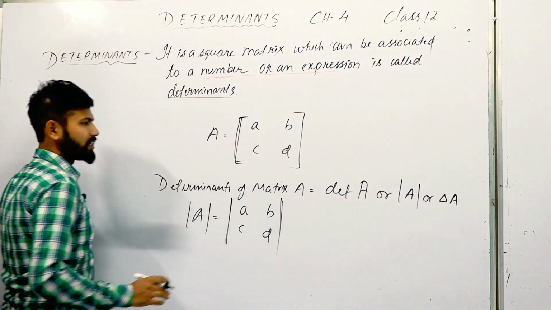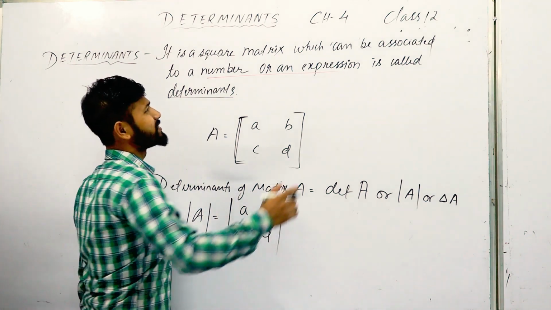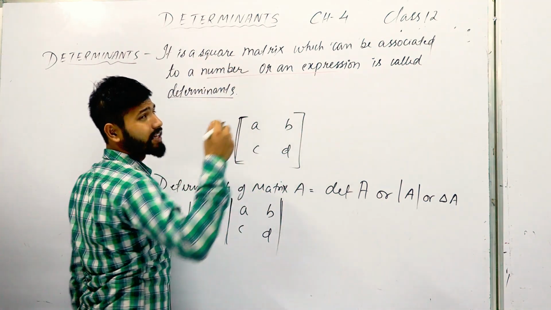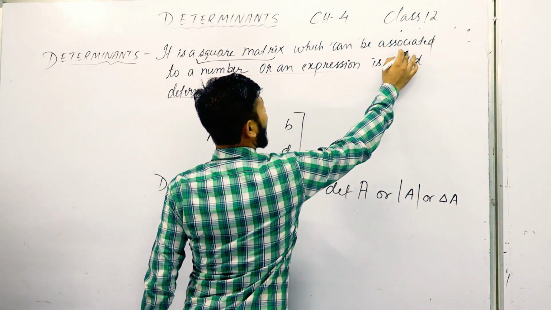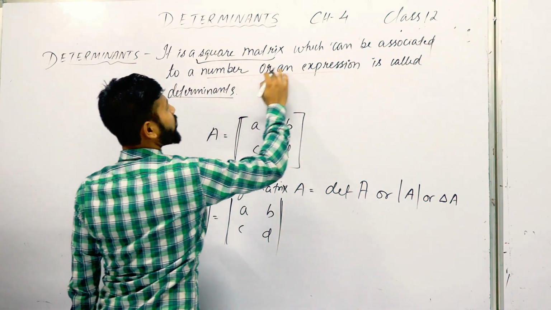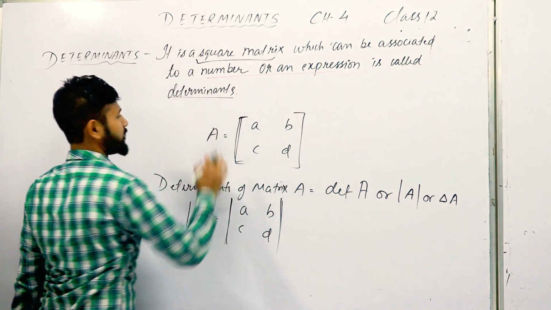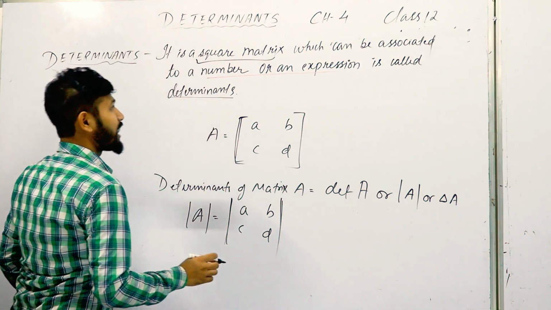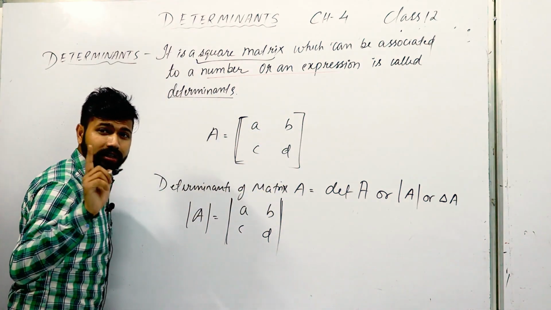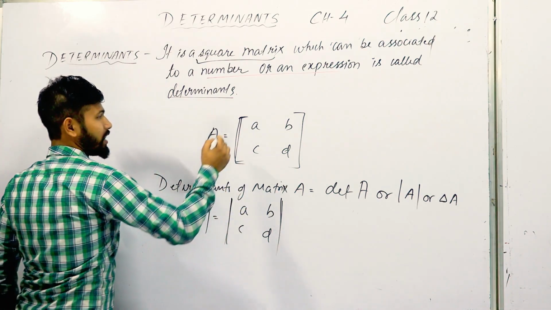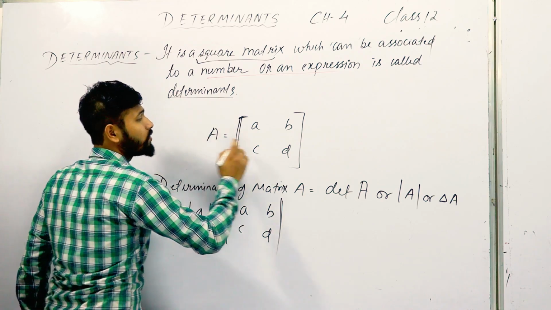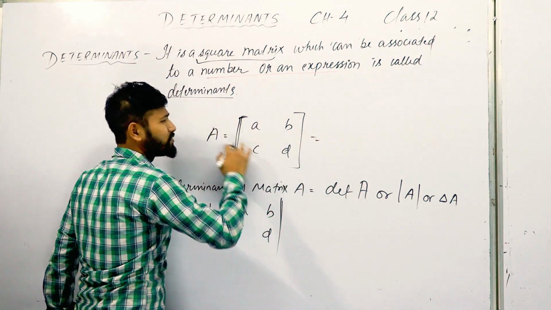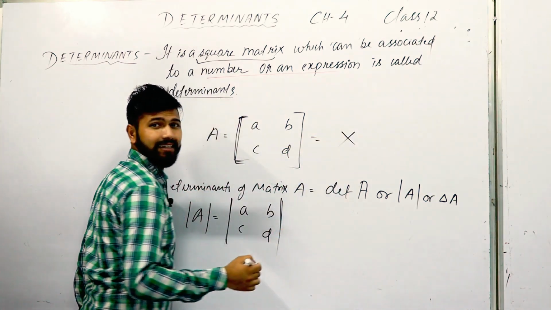Now you may wonder what the definition actually refers to here. A square matrix which can be associated to a number or an expression is called a determinant. Let me extend this now. When you find the determinant of this matrix, you will get some result. Suppose the result is x.